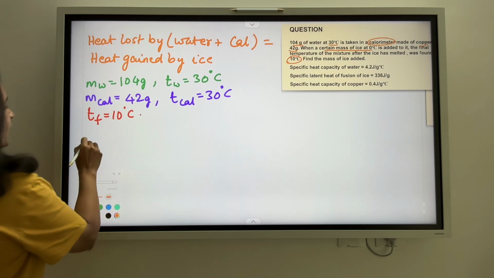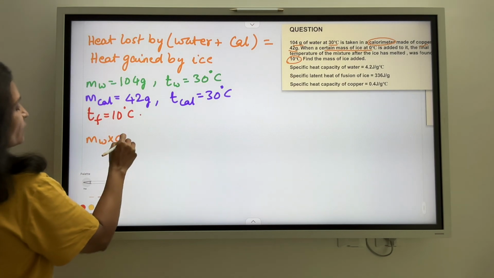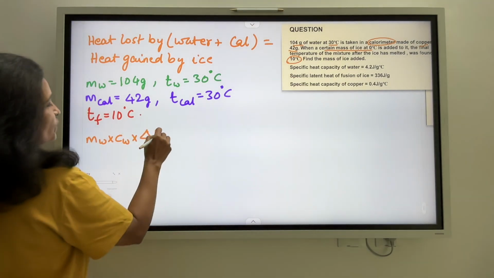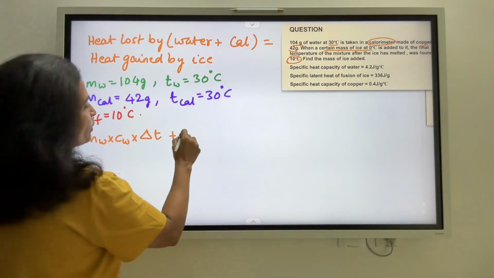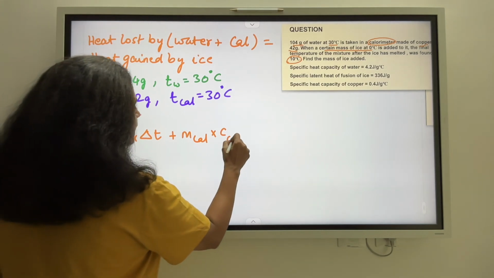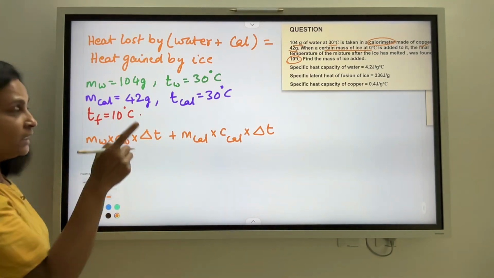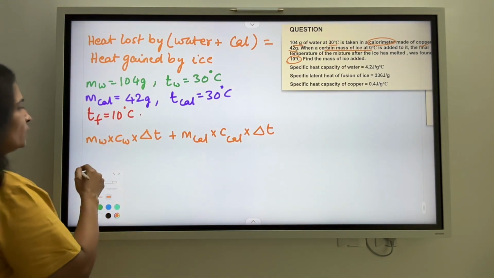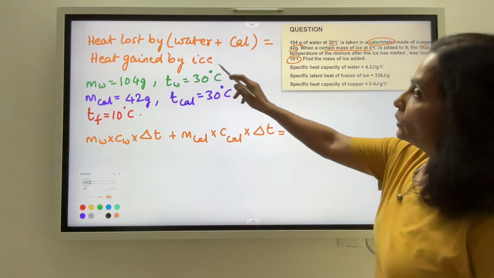So mass of water into specific heat capacity of water into the temperature change which happens, and added to that you have the mass of the calorimeter into specific heat capacity of the calorimeter into the temperature change which happens equally just like that in water, and we will equate it to the heat gained by ice.